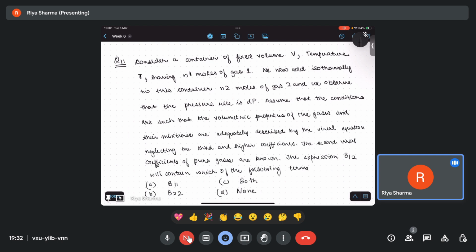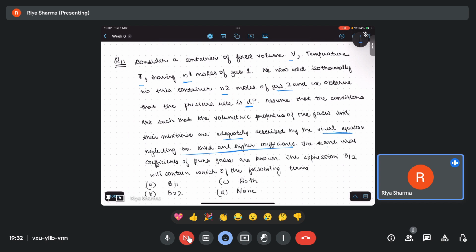So what is it saying? There is a volume V and N1 moles. Isothermally you add N2 moles of gas 2, and there is a pressure rise of dP. Assume the volumetric properties of the gases and their mixtures are adequately described, so we use the virial equation, neglecting the third and higher coefficients.